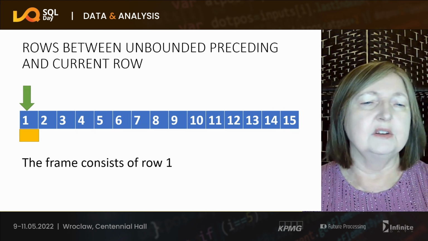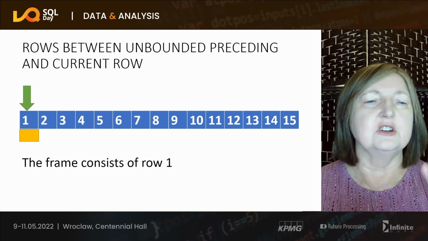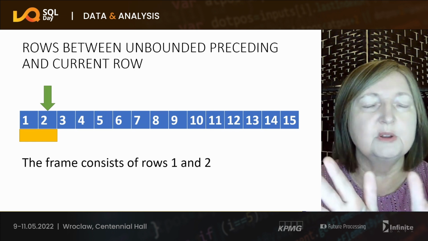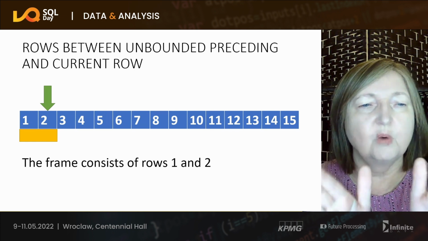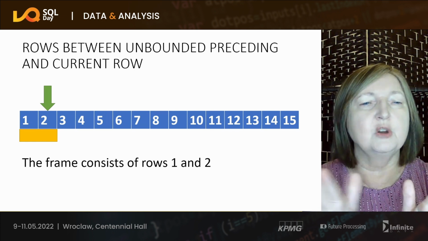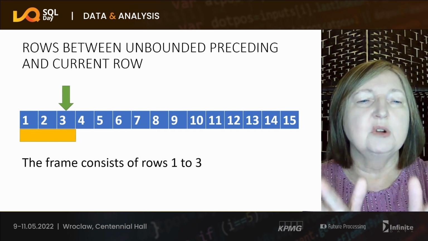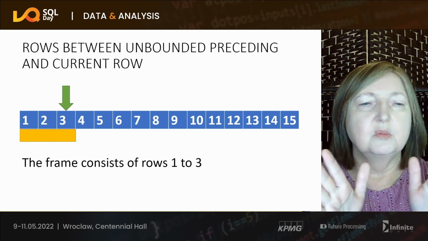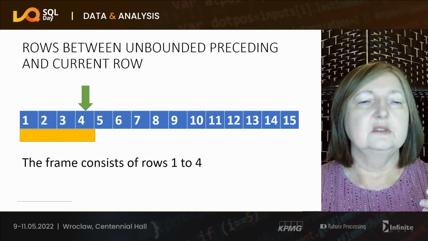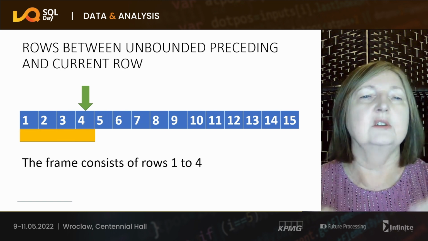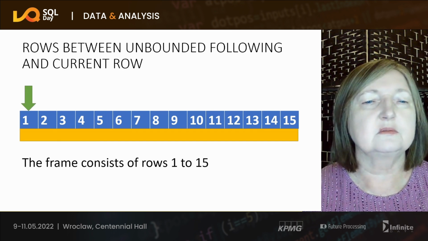When I'm on row 1, I'm doing the calculation just on row 1. When I'm on row 2, I'm doing the calculation on row 1 and 2. The window is expanding. When I'm on row 3, I'm looking at rows 1 to 3. When I'm on row 4, I'm looking at rows 1 to 4, and it continues on.